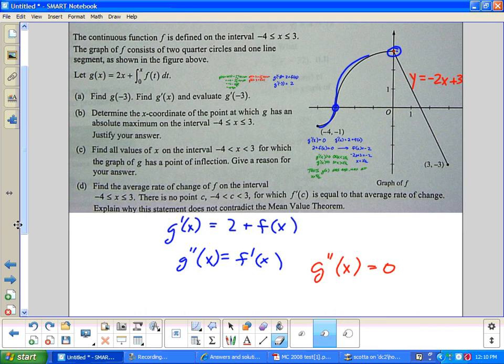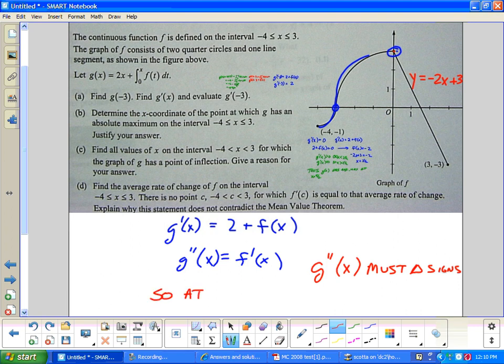You might go g prime prime of x equals 0 and g prime prime must change signs. I'm going to use a triangle because I'm being lazy on the board here. You guys write it out. So, at x equals 0, f prime of x changes signs.